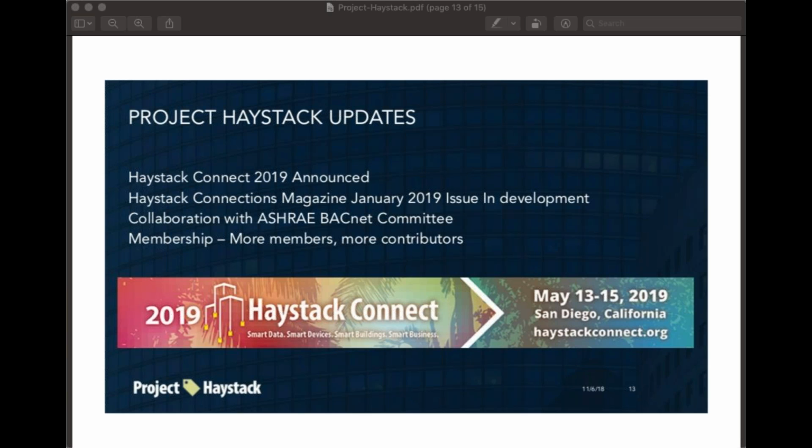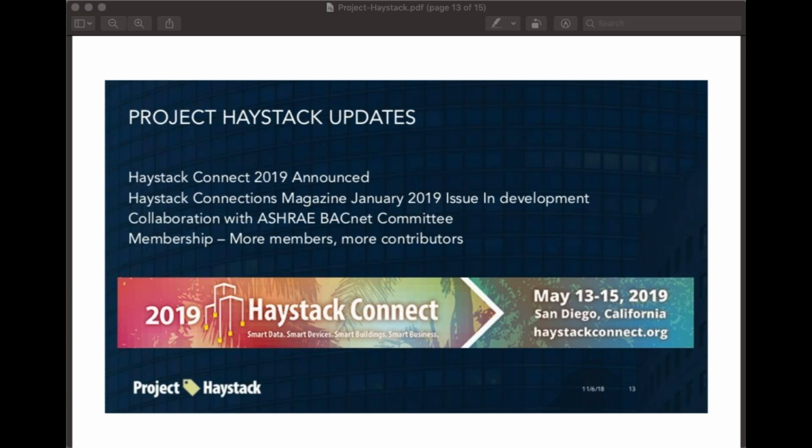That's a huge step for Haystack, but it's also, I think, a huge step for the buildings market, that understanding that we need one approach to doing markup. We can't have 5 different versions of HTML. Well, we can't have 5 different versions of markup on sensor and equipment data.